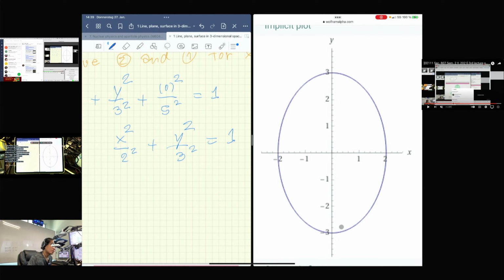Okay, ellipse. Yeah, you know ellipse, right? This one. Ellipse. When we say ellipse it is like this, or maybe your friends, your colleagues, your classmates say oval, right?